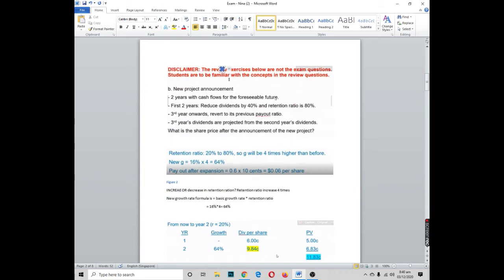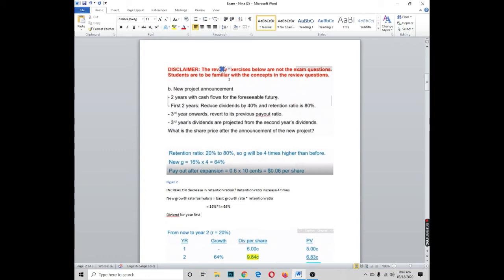So the next, third step is to find the dividend for year first.